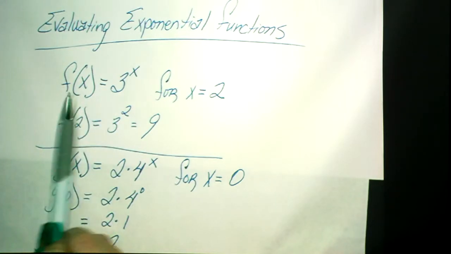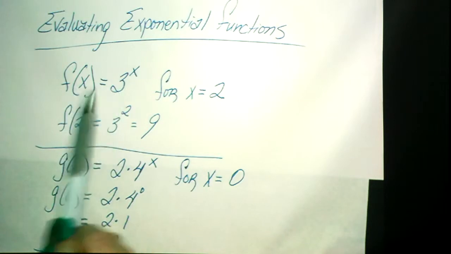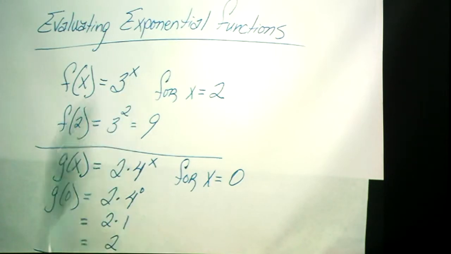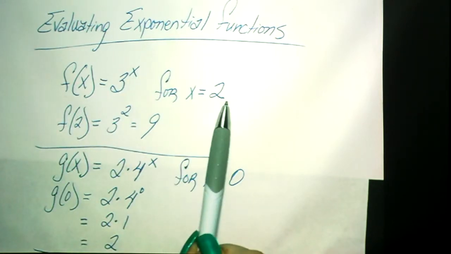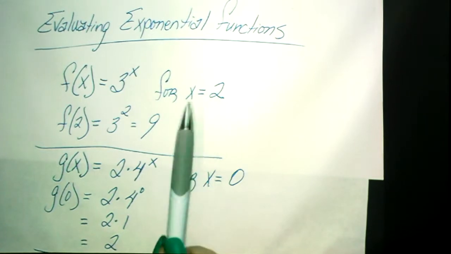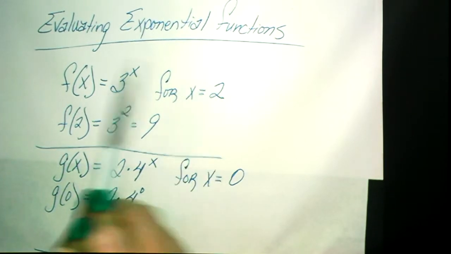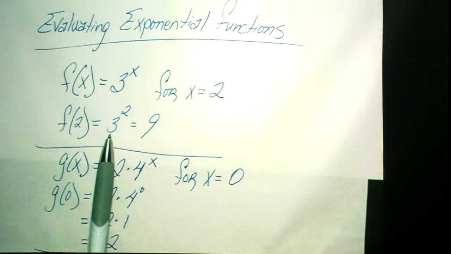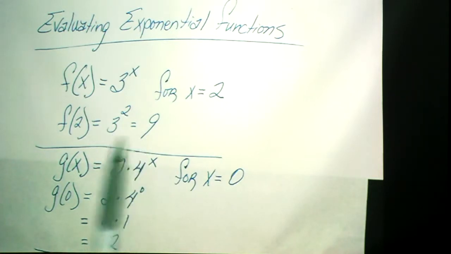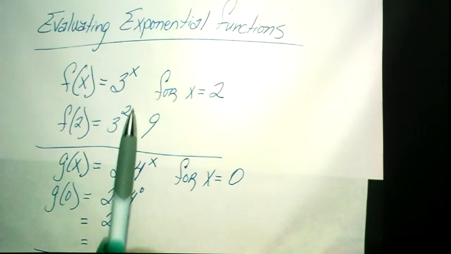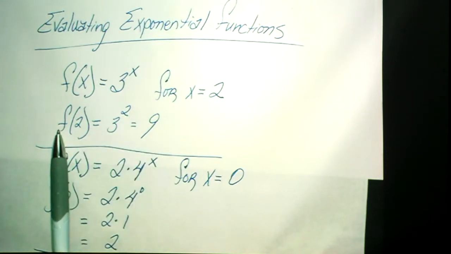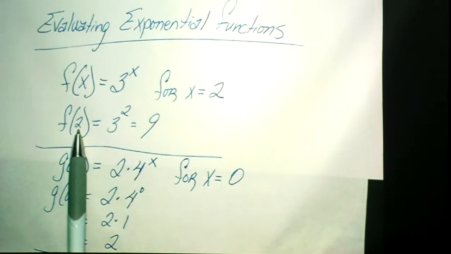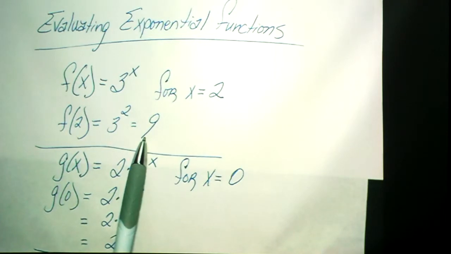So let's evaluate f of x, 3 raised to the x, for x equals 2. Basically all you're doing is plugging in the value they give you for x into the x in the function and finding out what it equals. So 3 raised to the second power is 9. So our function evaluated at 2 is 9.